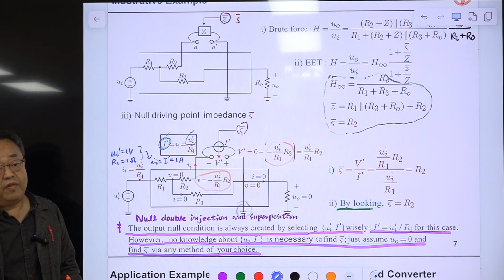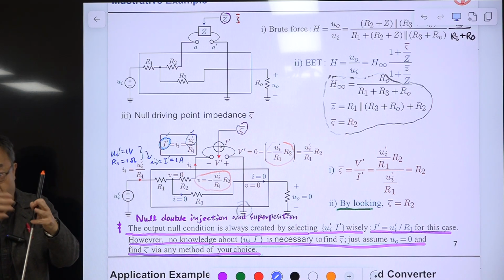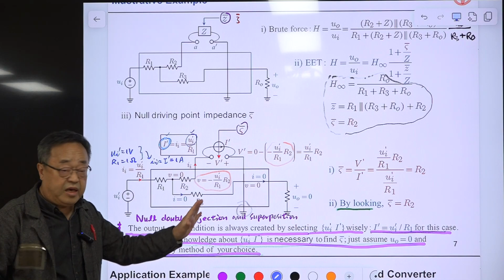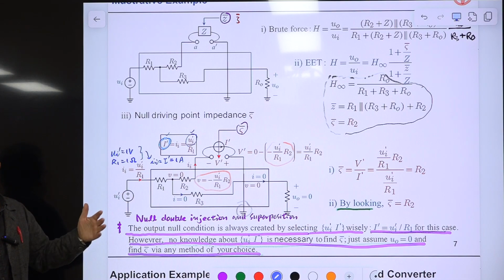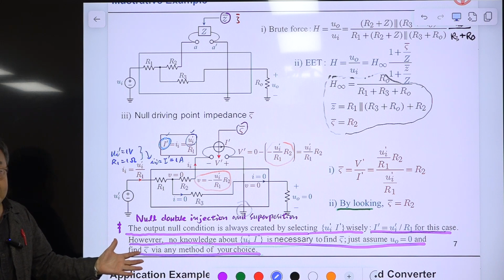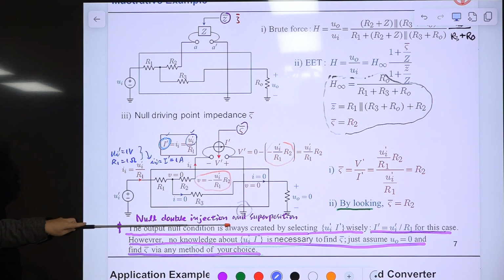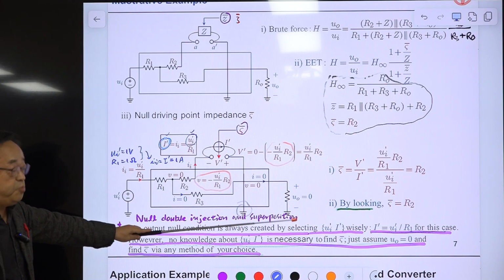You do one input, you create some value, and with the other variable, you create the negative of that, then the output becomes null. So the word null double injection is very informative. And think about the superposition.